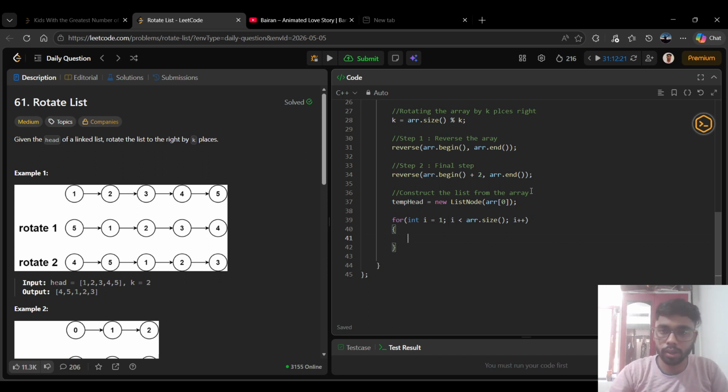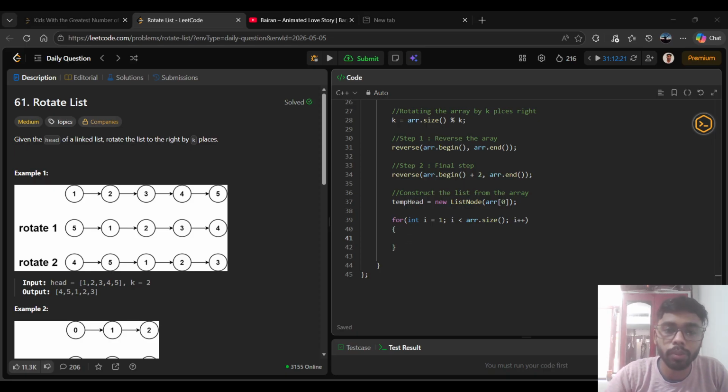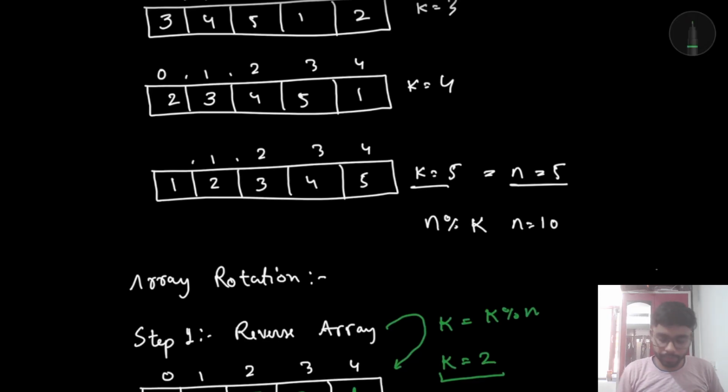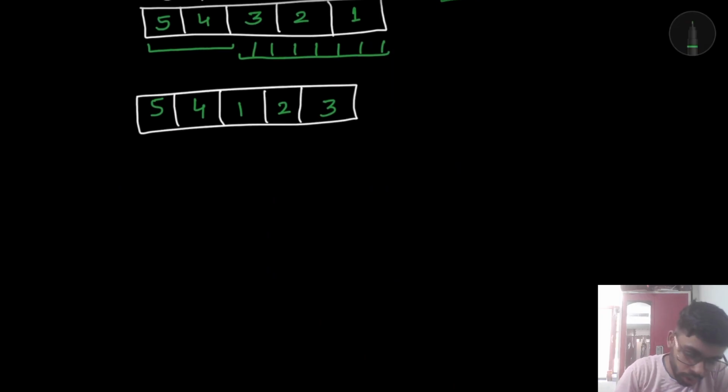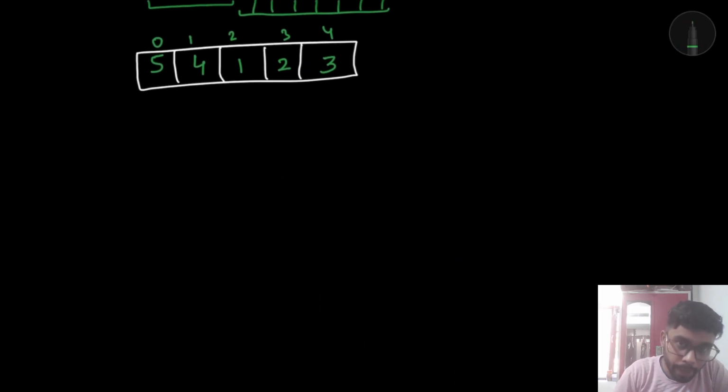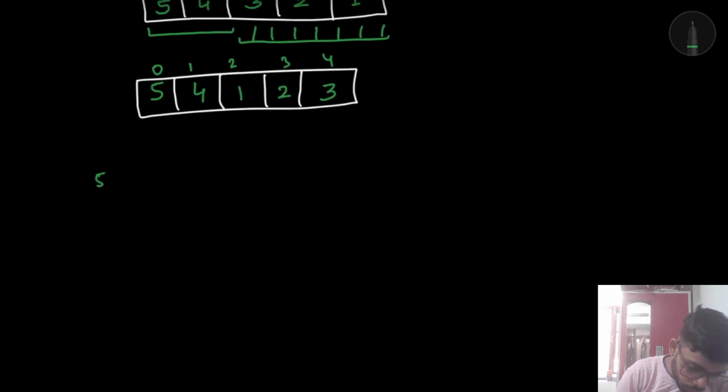So let me discuss the algorithm behind the construction of a list from the array. Since we have got the array here, 5, 4, 3, 0, 1, 2, 3, first of all, we will initialize a new node with the value 5, and we have taken its next equal to null.